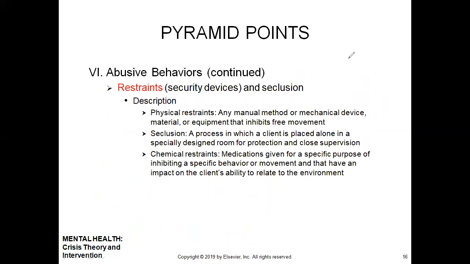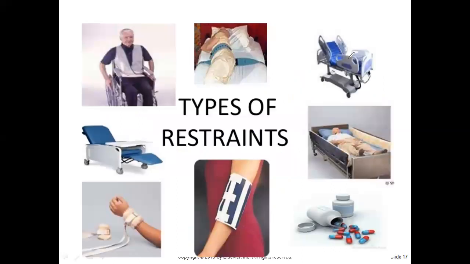So if the patient has a psychiatric problem and needs restraint, keep in mind if the patient has a seizure, do not restrain them at the time of seizure, never.